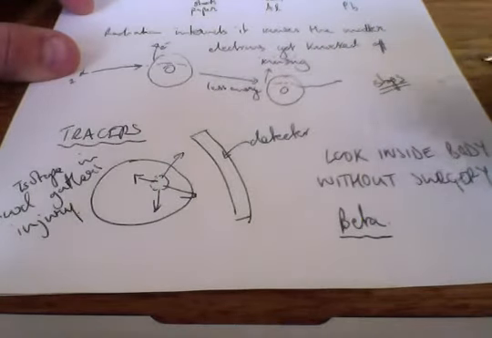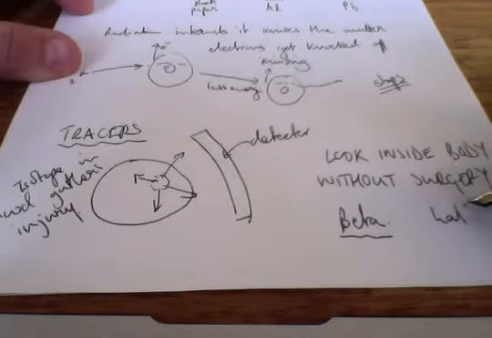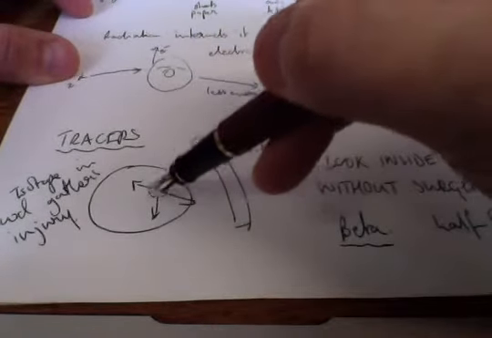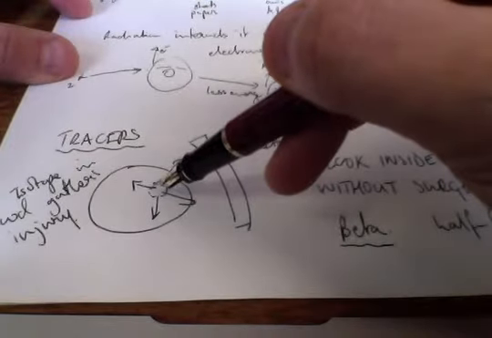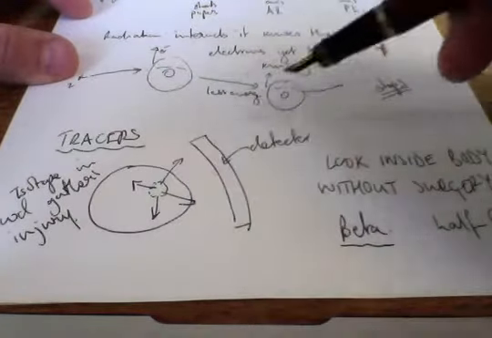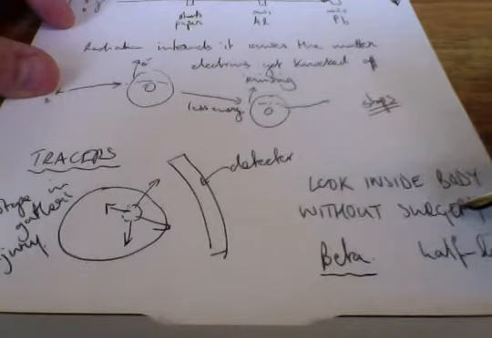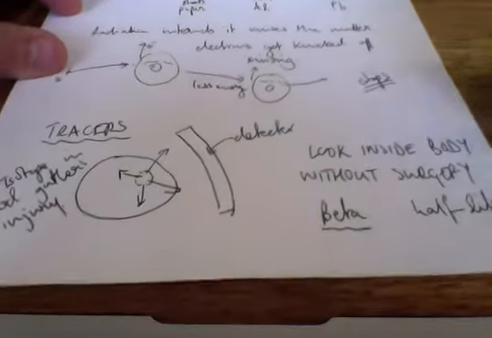But not just the type, you need to consider the half-life. You don't want this radioactive sample to stay in there for years and years and years and do damage. It naturally does do damage when it's in there. However, there's the payoff between looking inside your body without invasive surgery.